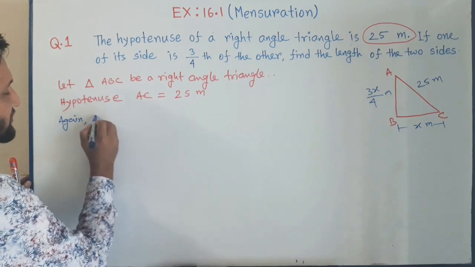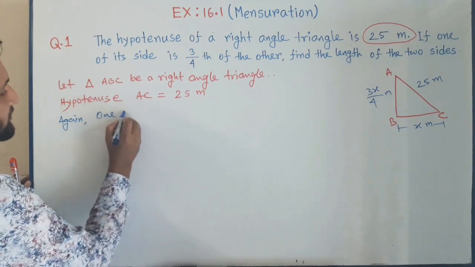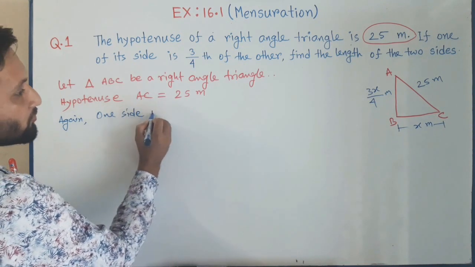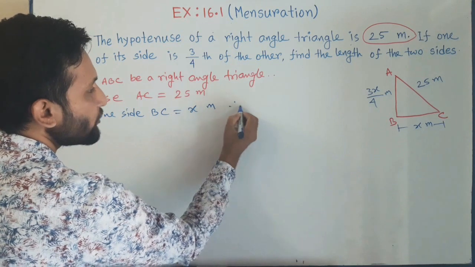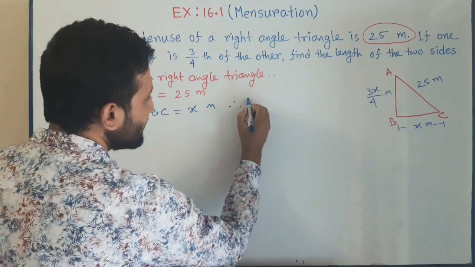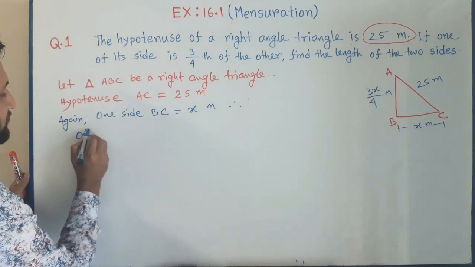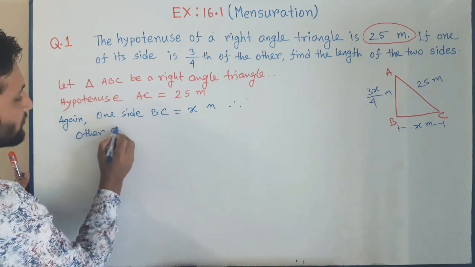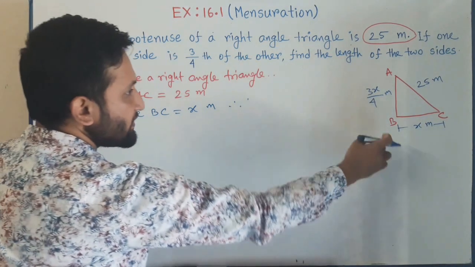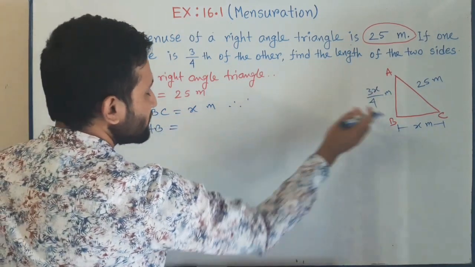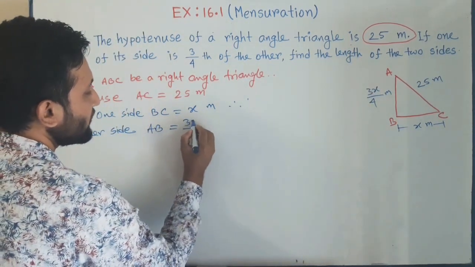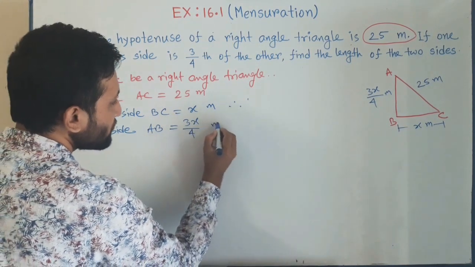Therefore we can write the other side AB equal to 3x/4 meter according to the question.